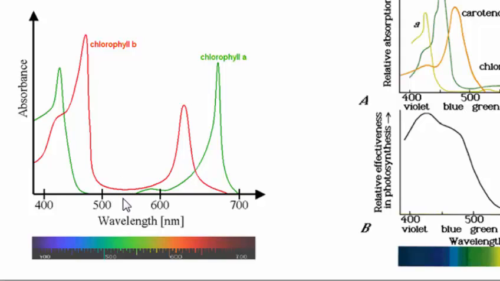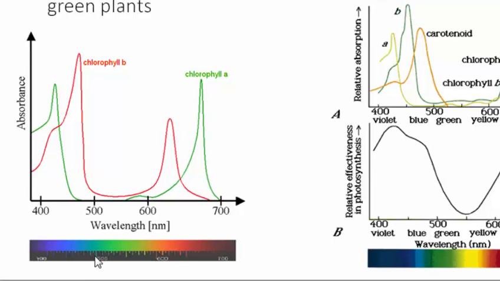Remember, there's a lot of reflection of green light because plants are green, but they don't absorb green. They absorb in the blue region. They also absorb in the red region, which is shown right here. So, shining red light and blue light on plants will allow them to absorb light for photosynthesis, but not green light.